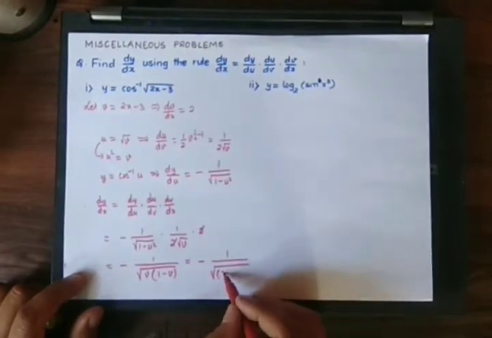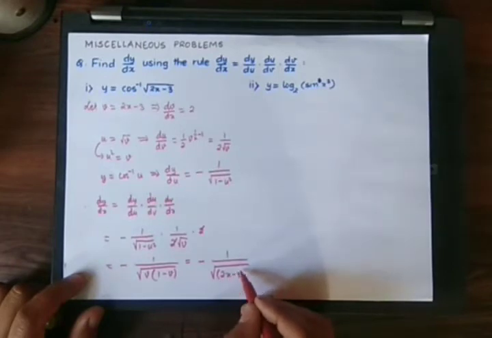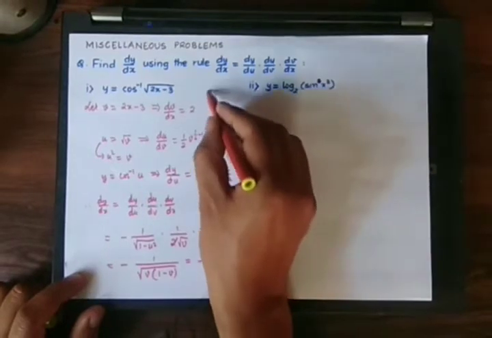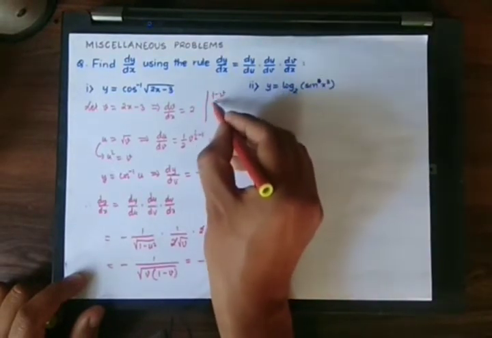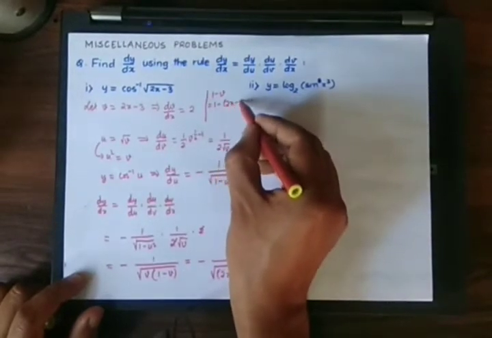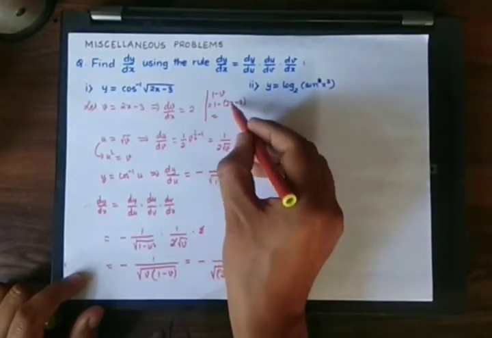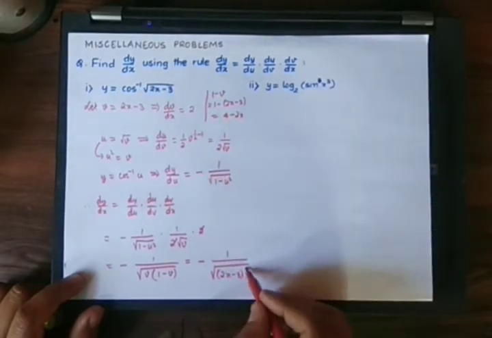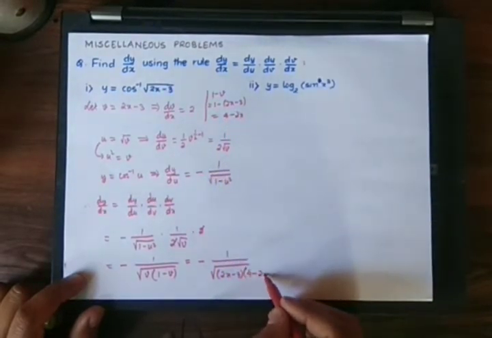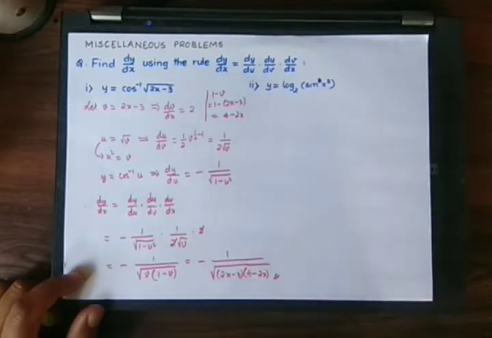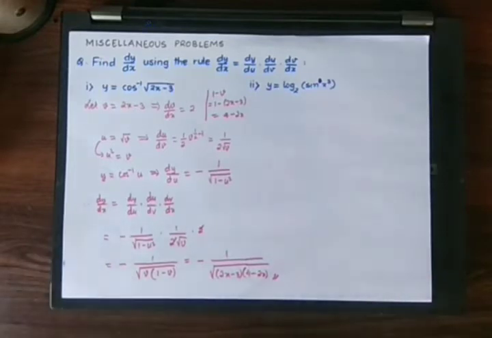So instead of this I am writing 2x minus 3, and 1 minus v will be 1 minus 2x minus 3, which is going to be 4 minus 2x. So that's why I have 4 minus 2x out there. So this is going to be the dy by dx. Okay, so pause the video to note down.